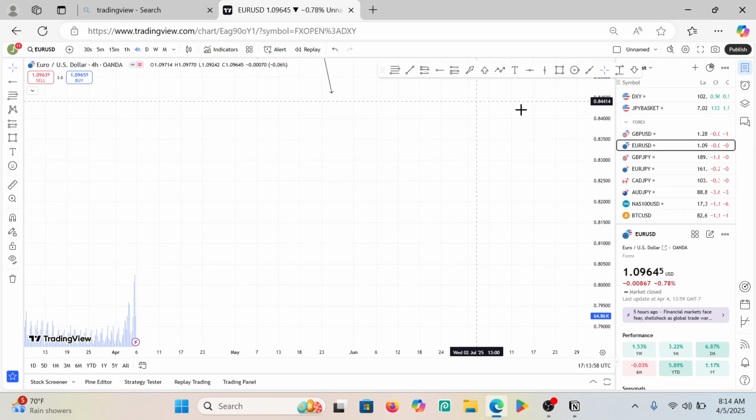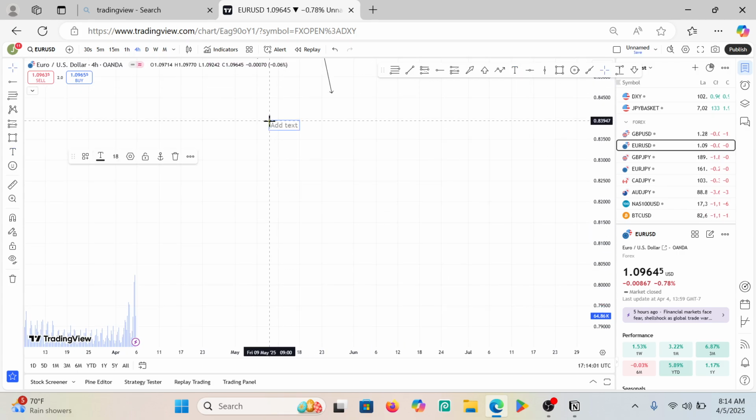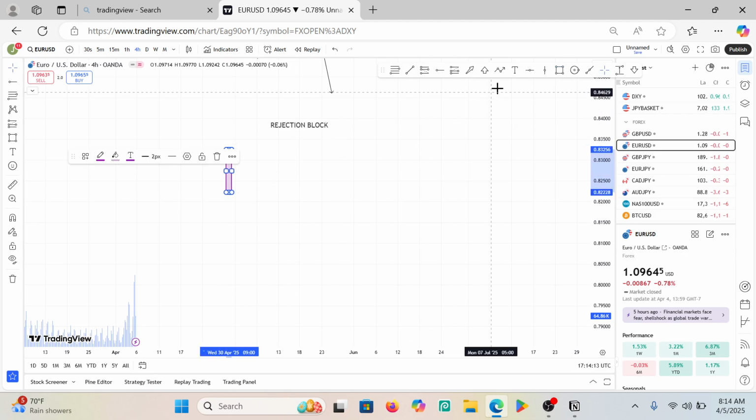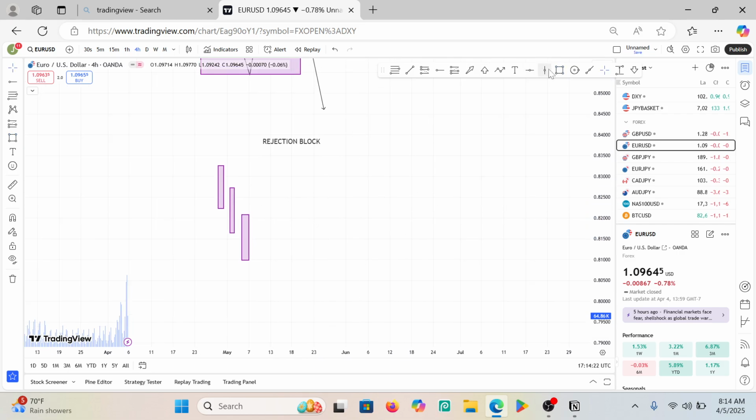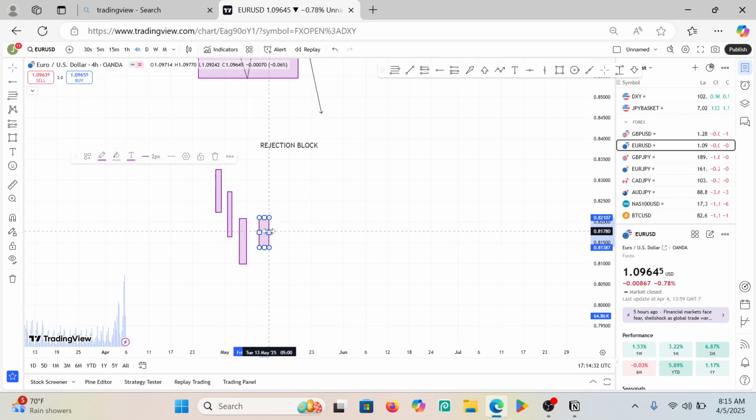A rejection block. The market was on a downtrend, and at the same time it changed direction from downtrend to uptrend.